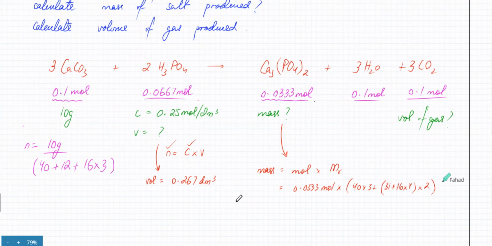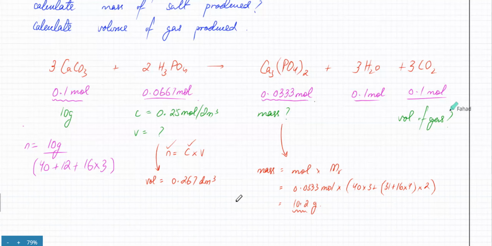MR क्या है ये इसमें? 310. ठीक है. तो आंसर क्या है इनमें? कितना है? 10.23. 10.2, 3 significant figures. ठीक है. So it comes out to be 10.2 grams.